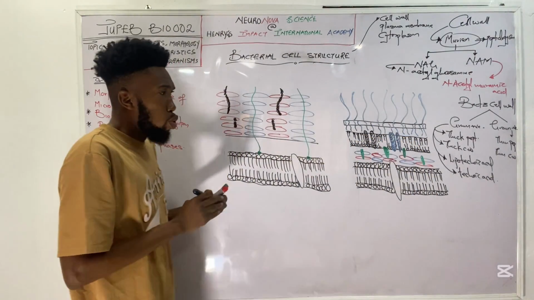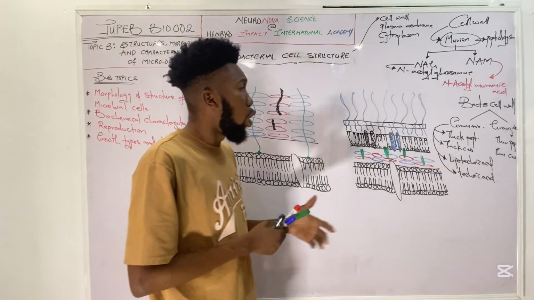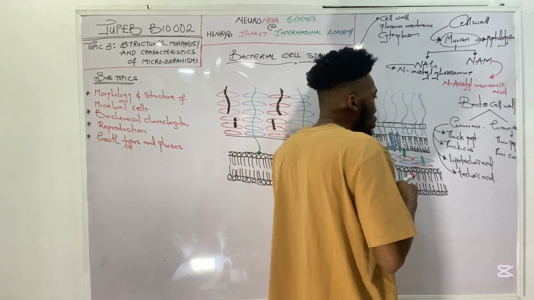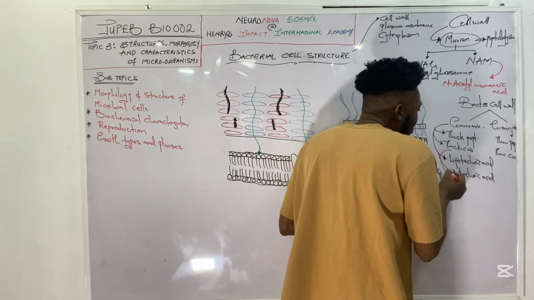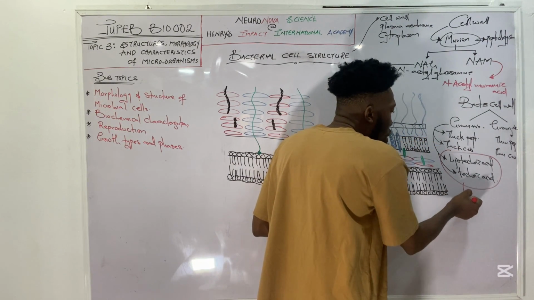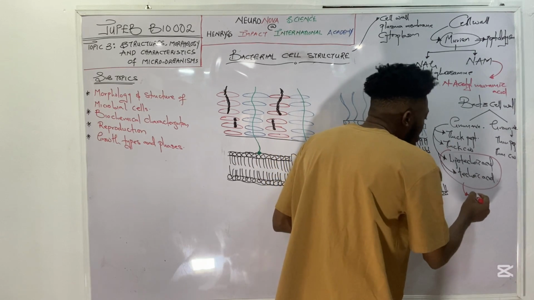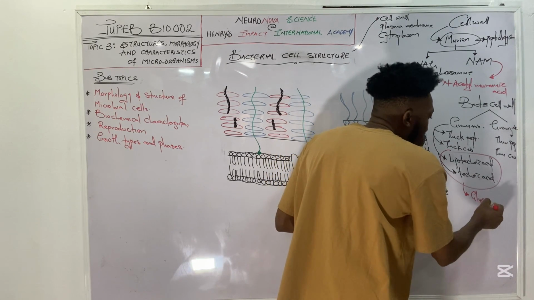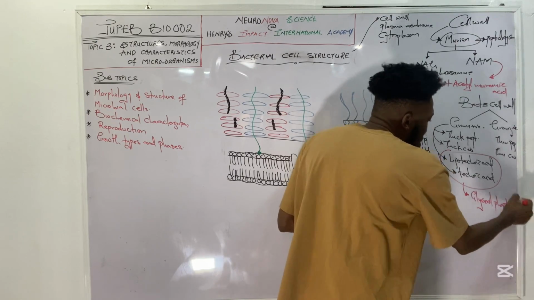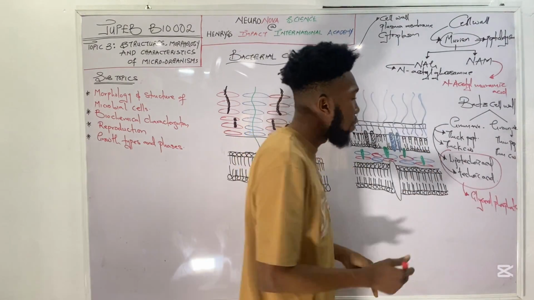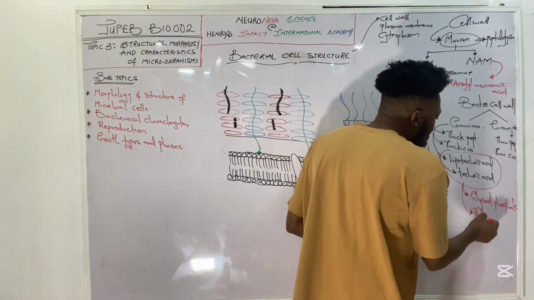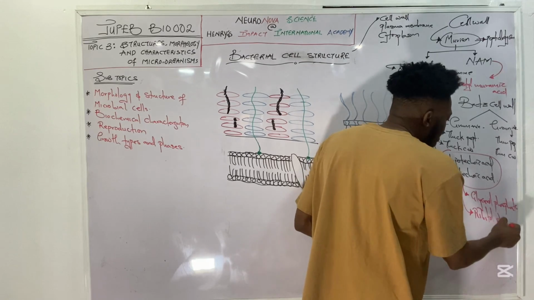We'll explore the differences and the uses of lipoteichoic acid and teichoic acid. But basically, one general thing I need you to know about these two is that both of them are made up of glycerol phosphate. Just in case you see it in an exam, they are made up of glycerol phosphate, and also ribitol phosphate.